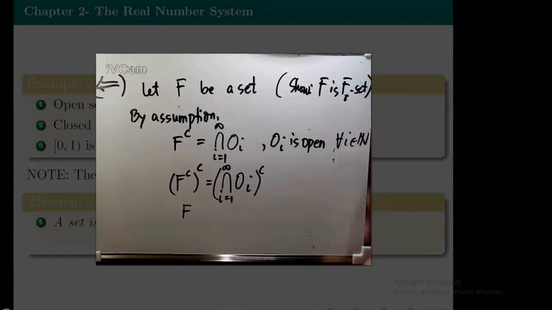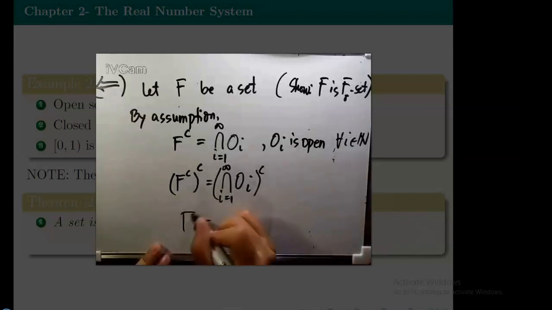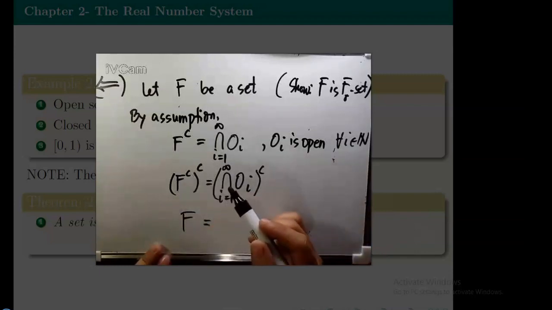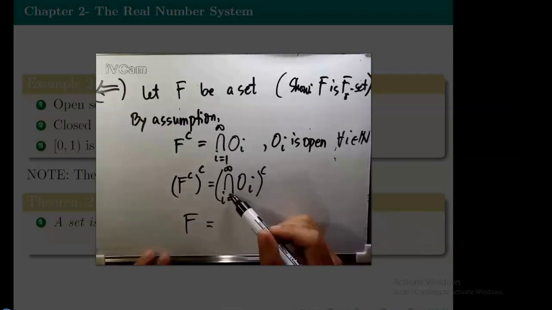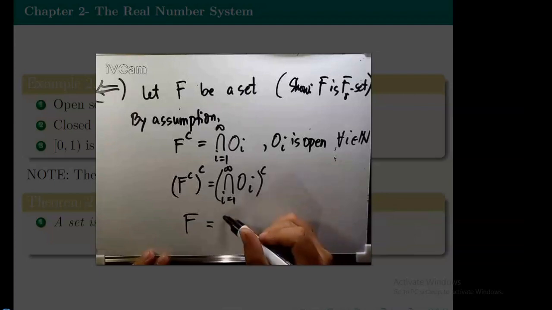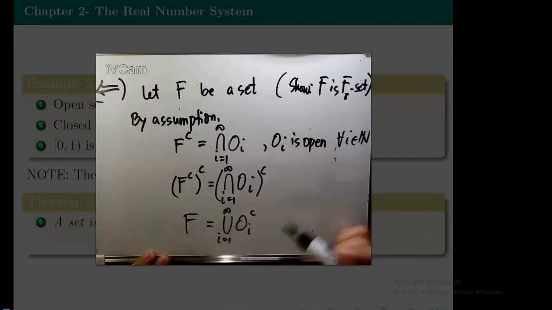And so we have F here. By De Morgan's law, we can say that the complement of the intersection is the union, and then we have the complement of O sub I, where I is from 1 to infinity.